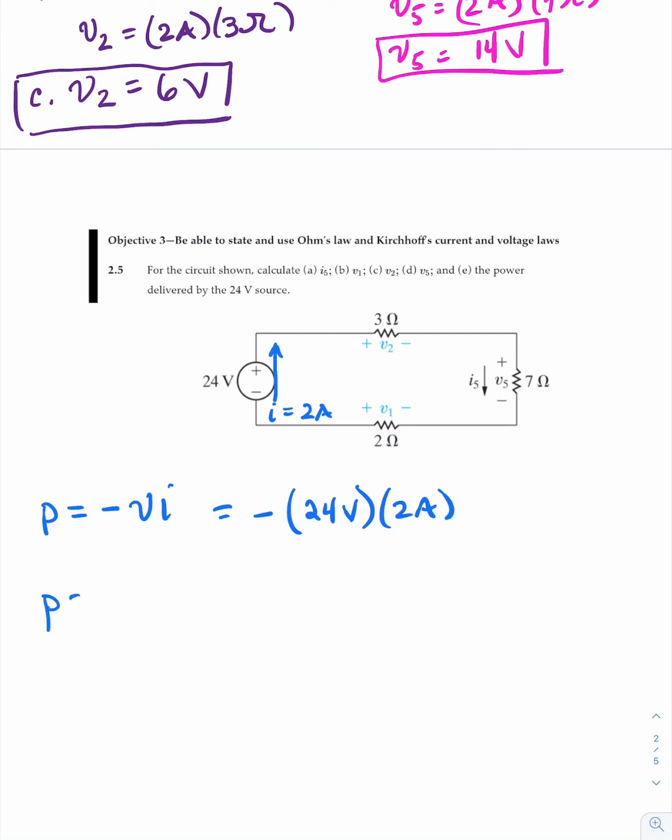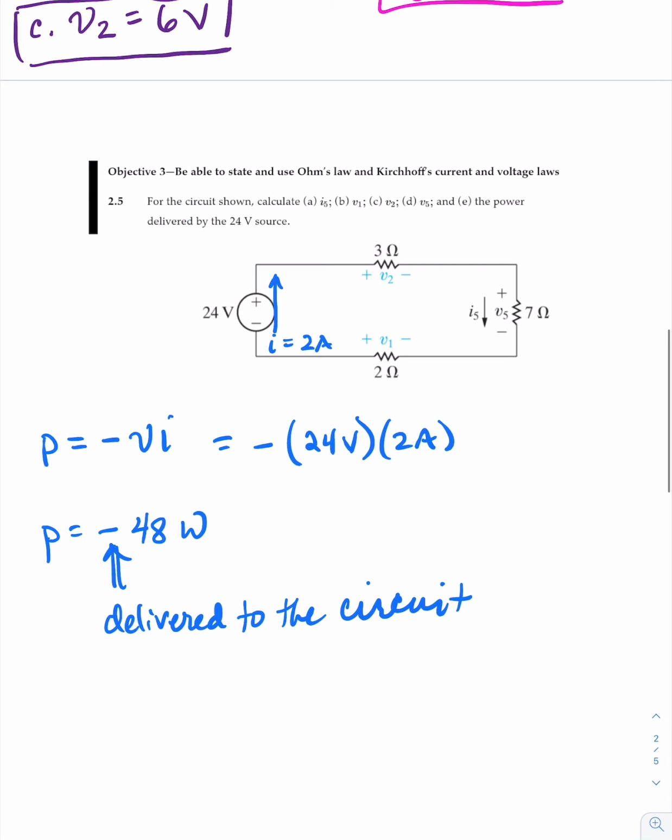So power is equal to minus 48 watts. All right, what does the minus sign tell us? It tells us delivered to the circuit. Therefore, the power delivered to the circuit is 48 watts delivered or supplied.